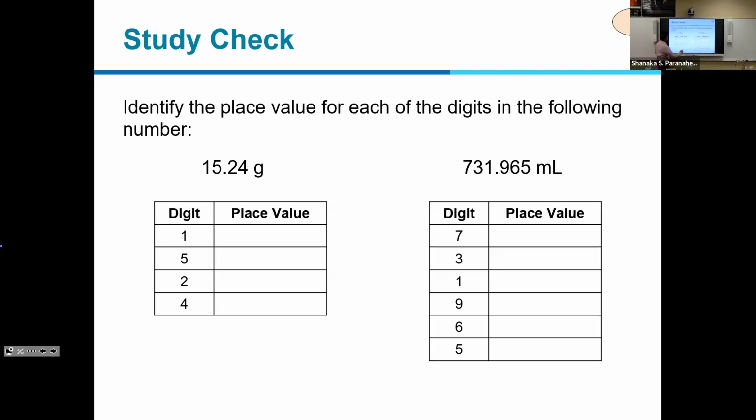Okay, so what is the place value of 2 in this number? What is the place value? Okay, so what is the place value of 1? So 5 is in the ones place and 4 is in the hundredths place. Okay, so what is the place value of 3 in this number?